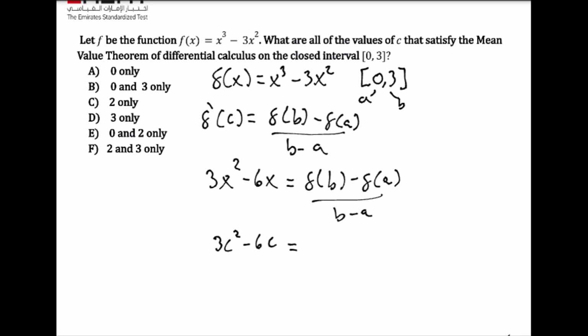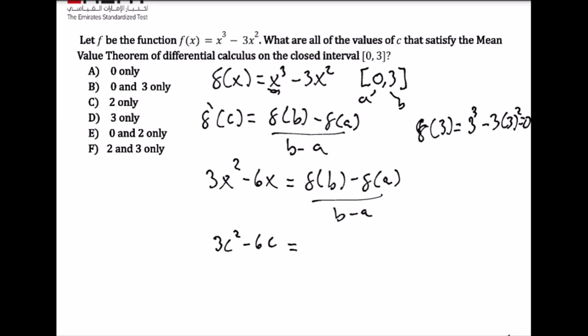So it becomes 3c squared minus 6c equals. Now we need to find the value of f of b. We just take b, which is 3, and plug it in instead of x. f of 3 equals 3 to the power of 3 minus 3 in brackets 3 squared, which equals 0.